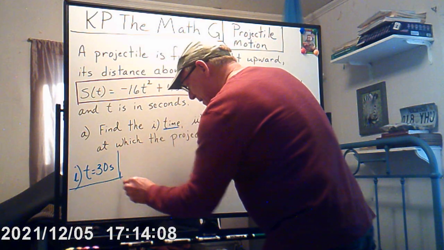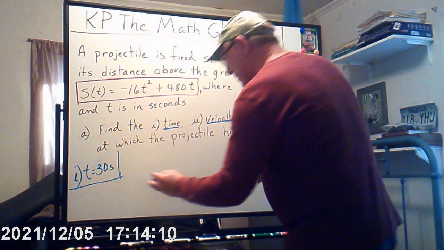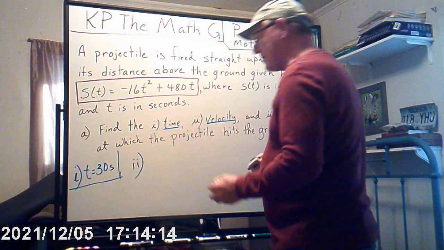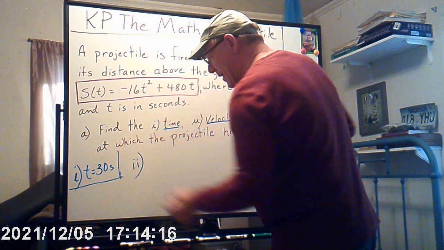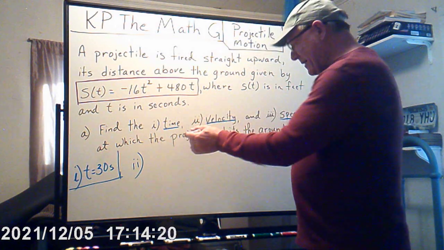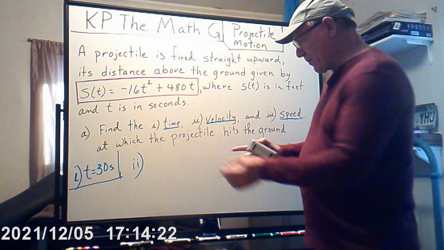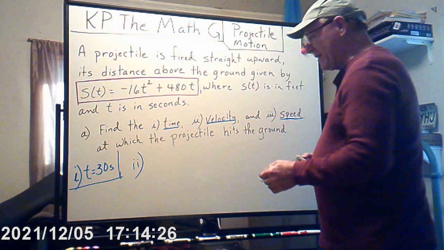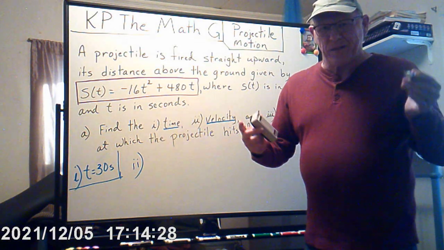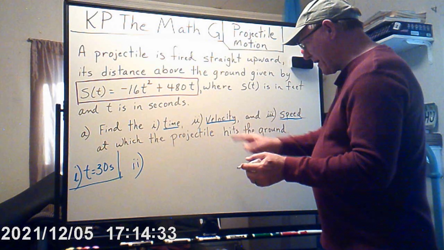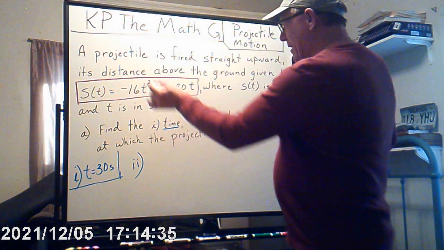Okay. Let's answer number 2. What is the velocity at which the projectile hits the ground? We know it's going to hit the ground in 30 seconds, so let's get our velocity equation.